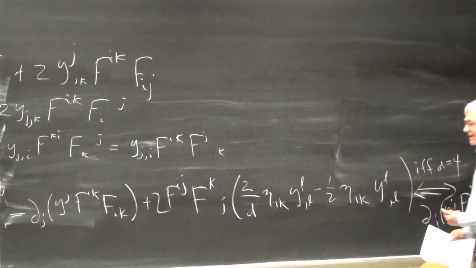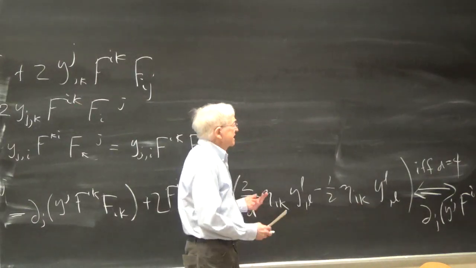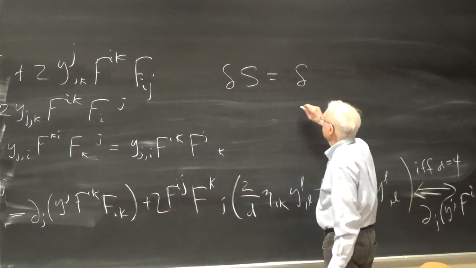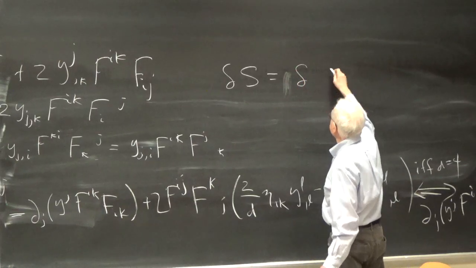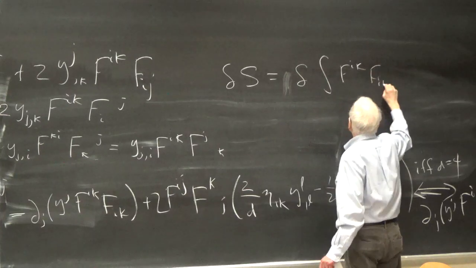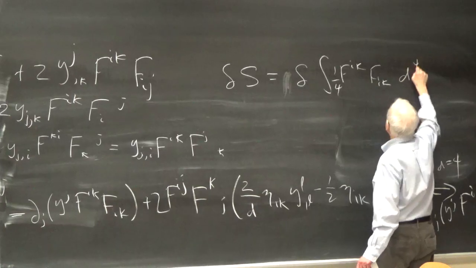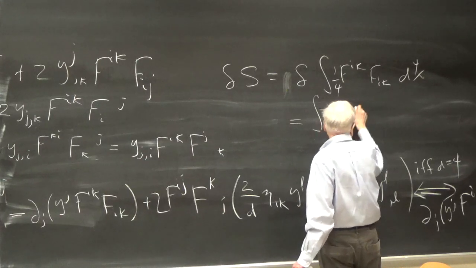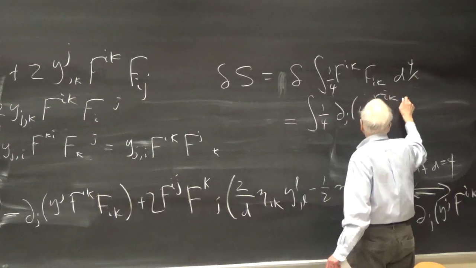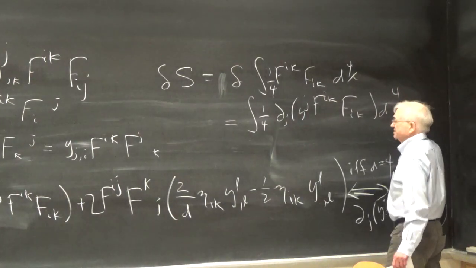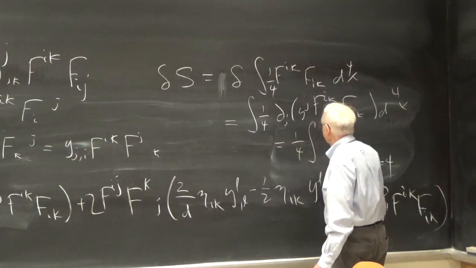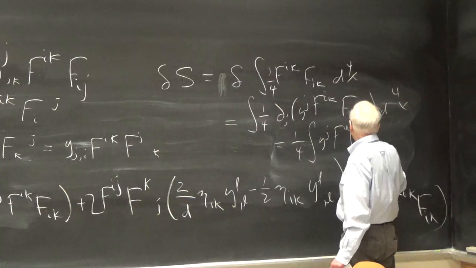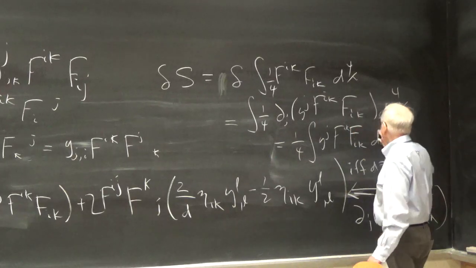And that's what we mean by saying that the action is invariant, that is to say that the variation in the integral of f_{ik} squared d^4x is then an integral of a quarter partial_j y_j f_{ik} d^4x, and so this is then some sort of a surface term y_j f_{ik} d sigma_j.